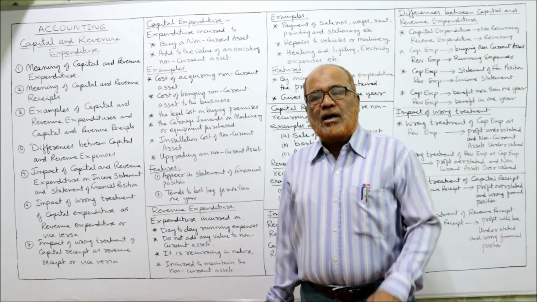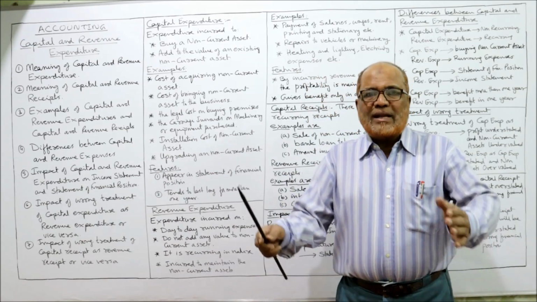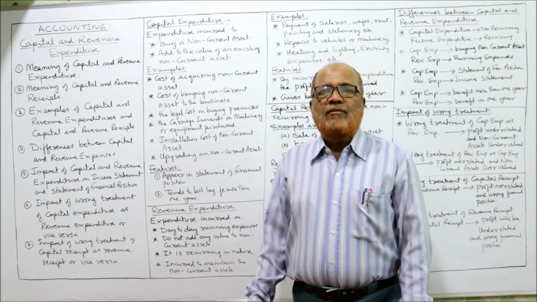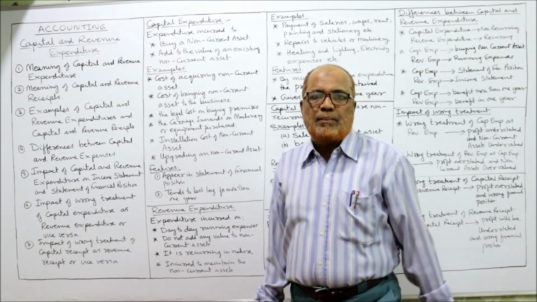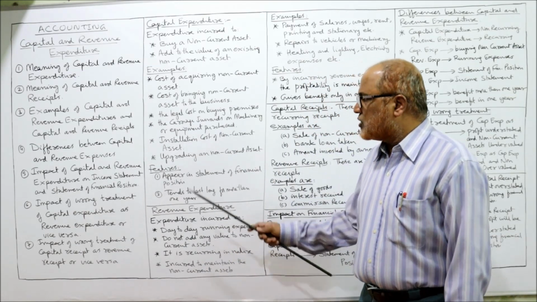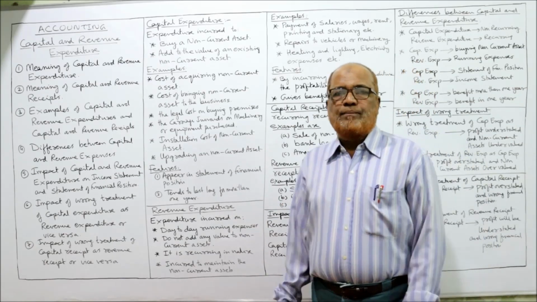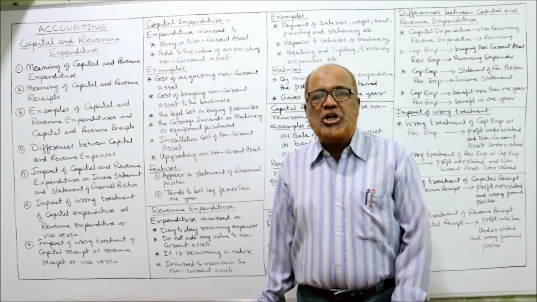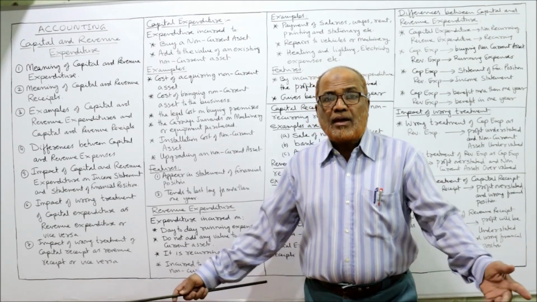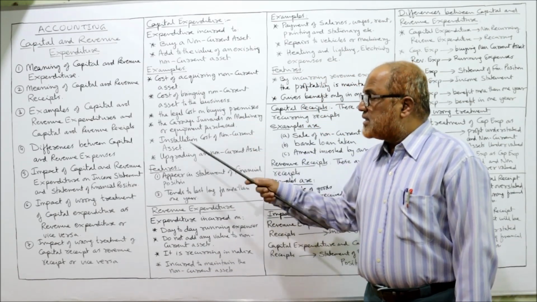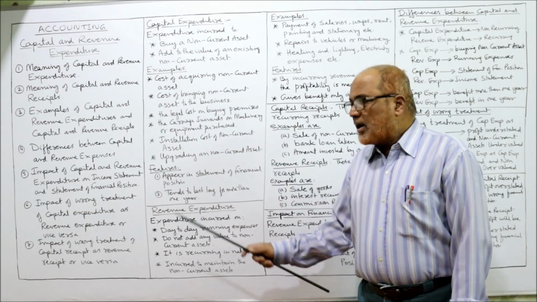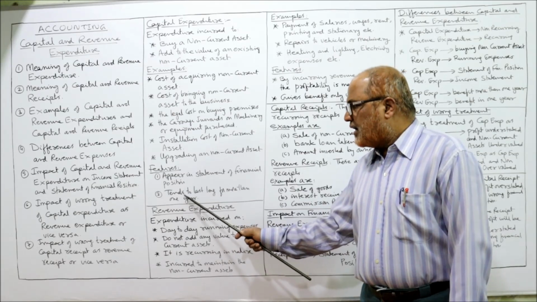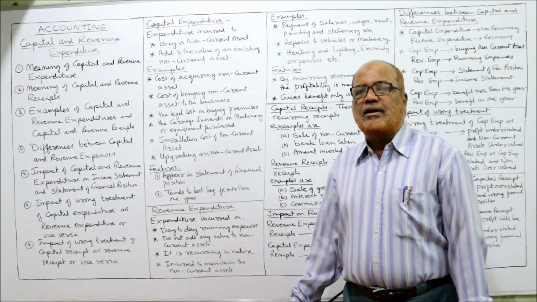Installation of the non-current asset: once a non-current asset is purchased, it has to be installed, and for installation some charges will be paid. That is also capital expenditure. Upgrading a non-current asset: if the non-current asset has to be upgraded by incurring some expenditure, that is also capital expenditure. So these are the examples of capital expenditure. What are the features of capital expenditure? It appears in the statement of financial position and tends to last for more than 1 year.